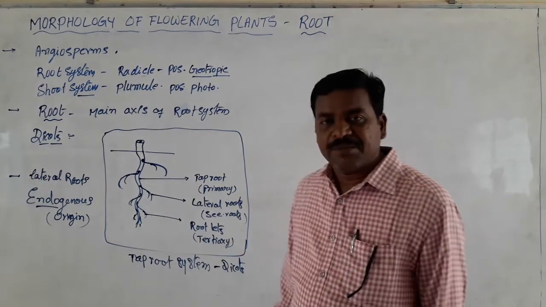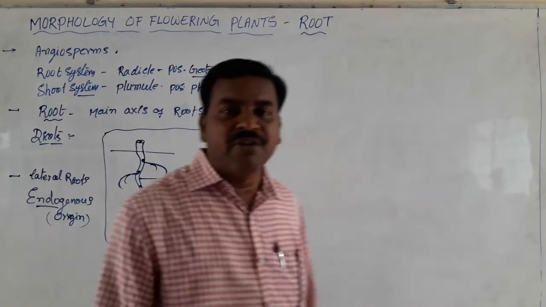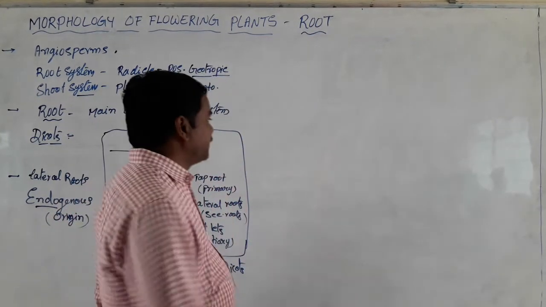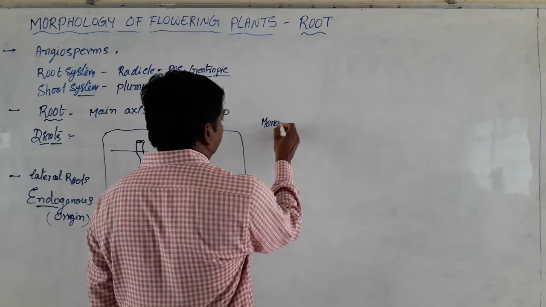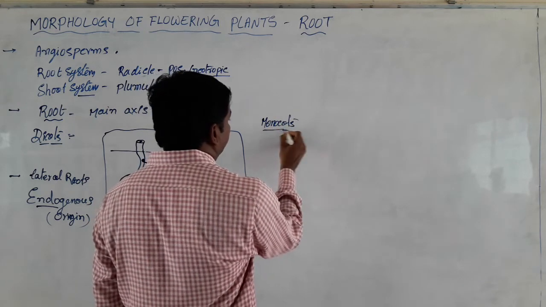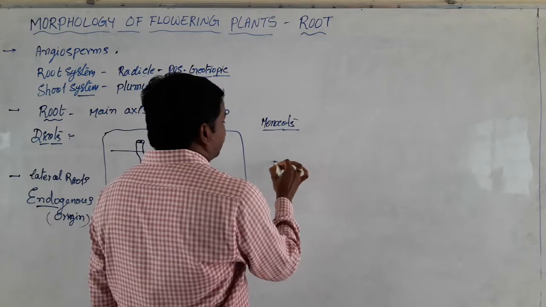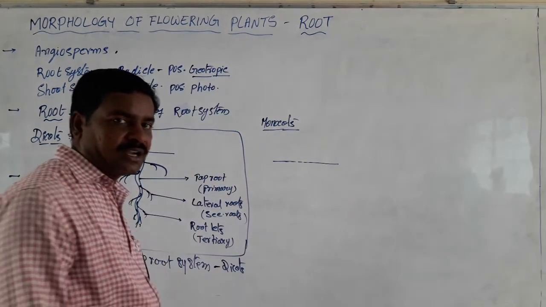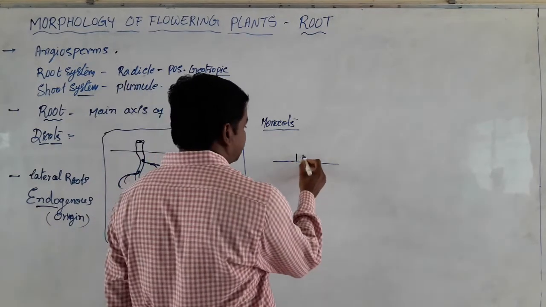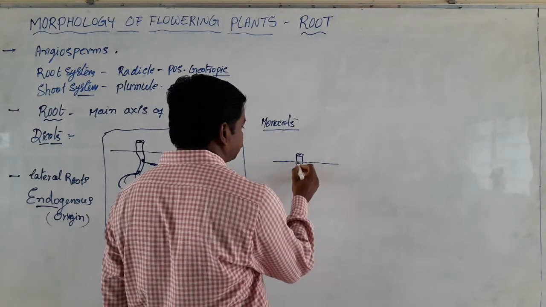Now, coming to the next type of root system, which is commonly found in monocotyledonous plants, that is, in the case of monocots. For example, this is the ground surface, and this is the stem.